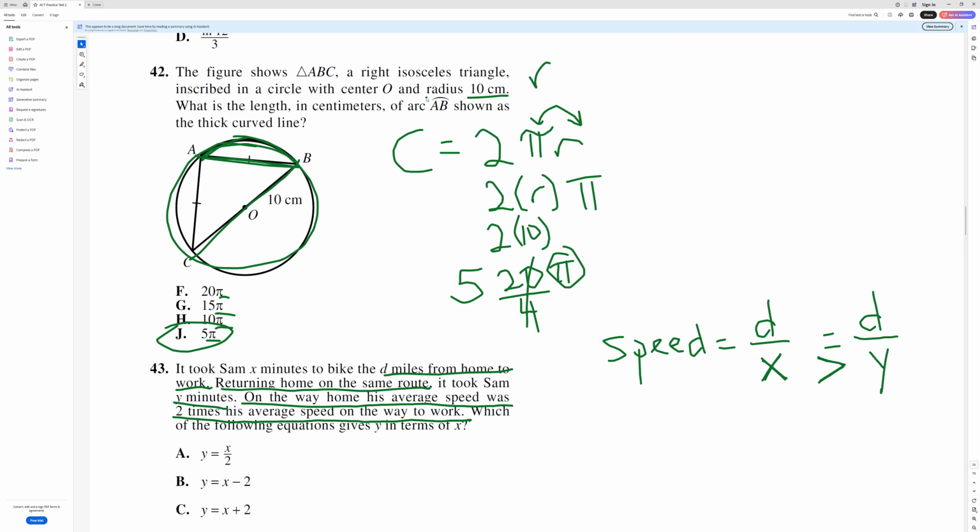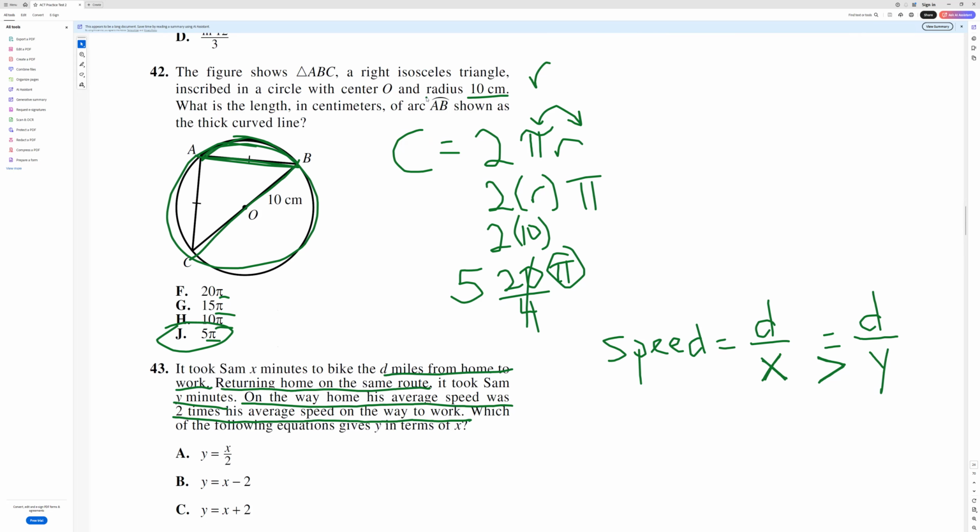So in this case, let me see, my choices are, yeah, my choices are, okay. So X is greater than Y.